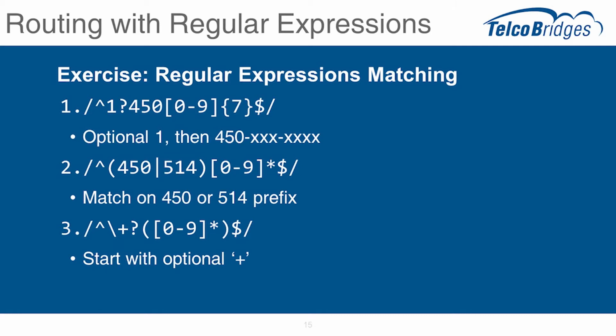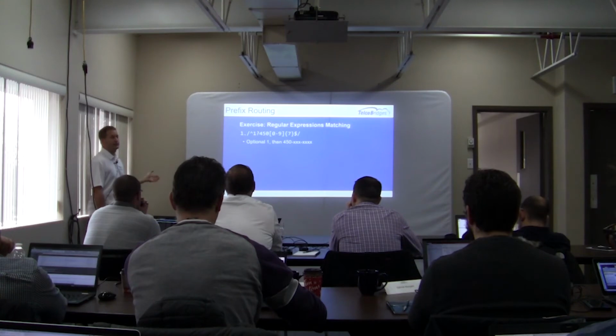Then you have the caret to say start at the beginning, and dollar sign to say go all the way to the end. Then here an optional 1, so 1 and question mark. Then it needs to be followed by 450, and then you need 7 more digits. All right, so only if it matches this, it will go through.